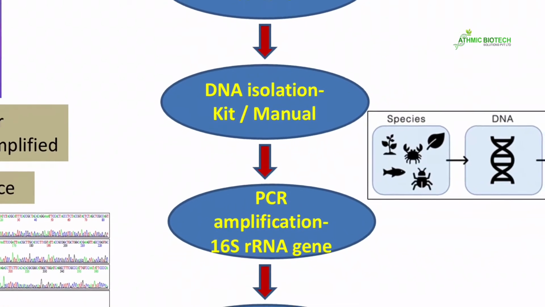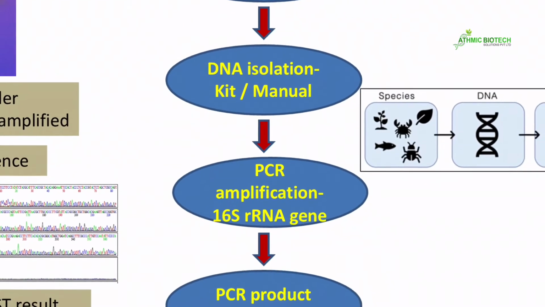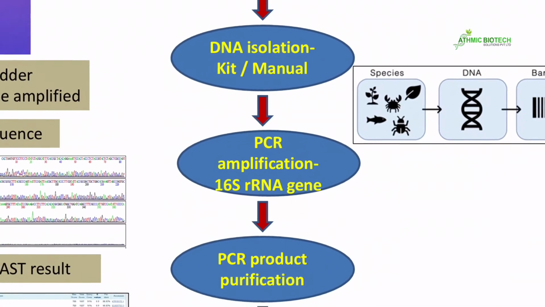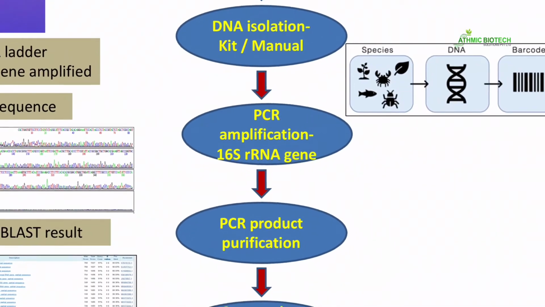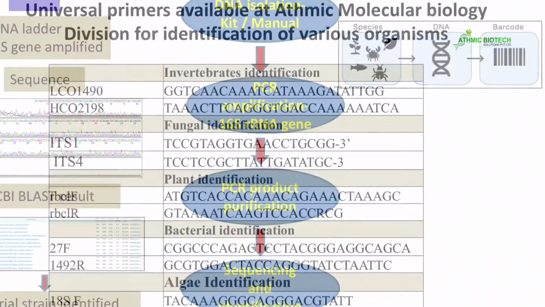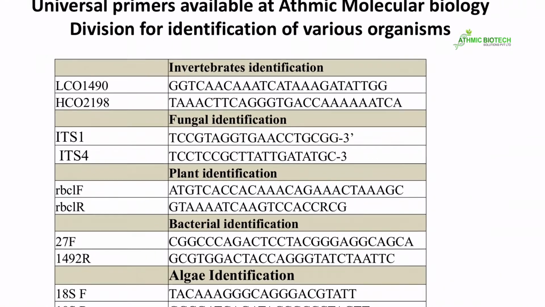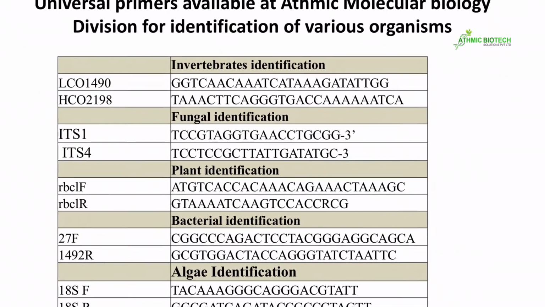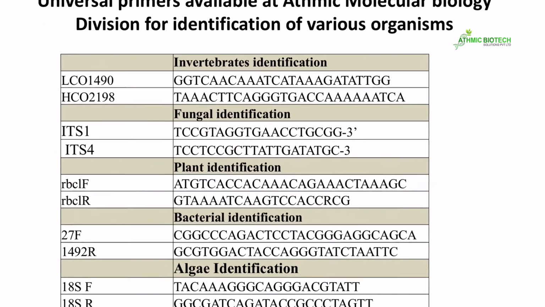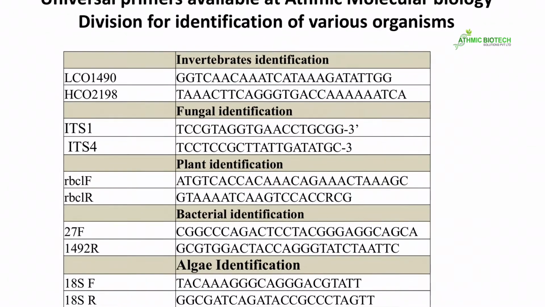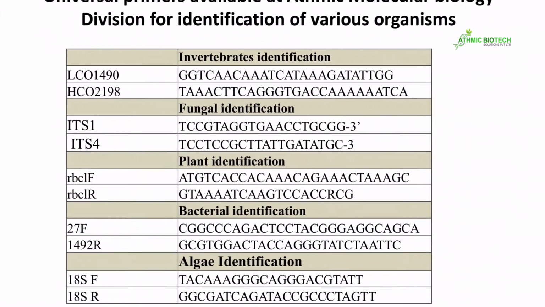After isolating the DNA, universal primers are available for amplifying the marker genes. For example, if you are amplifying the bacterial 16S rRNA gene, universal primers are available. The commonly used ones are the 27F and 1492R primers.